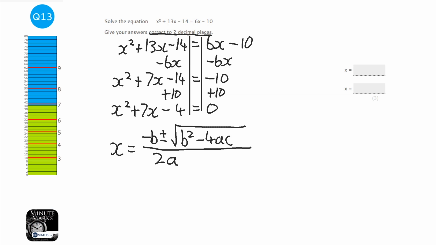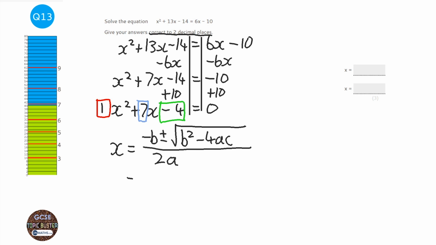But for those of you who don't, a is the number before the x squared, b is the number before the x, and c is the leftover number. Now, the number before the x squared is 1, because there's no number there, so it's 1. The number before the x is 7, and the number on its own is minus 4, and that's really important that you understand that that's not 4, that's minus 4.